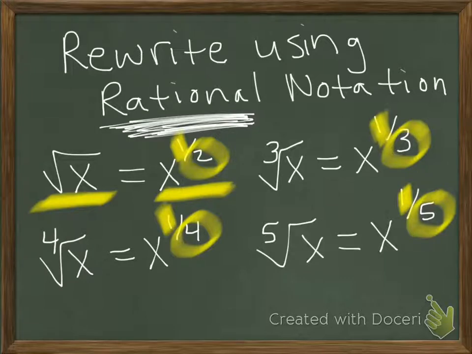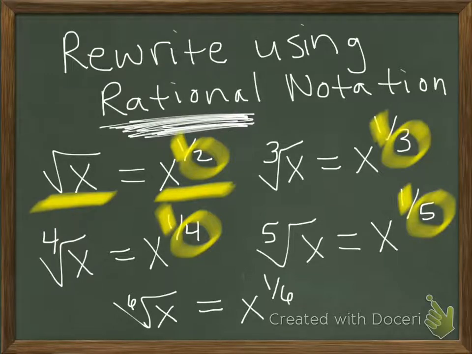Okay? So continuing on with that idea, if I had the sixth root of x, then I would write it as x to the 1/6 power. Okay? That's how you rewrite it when it's in a simple form like that.